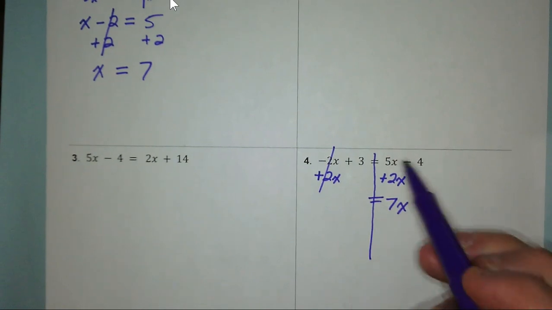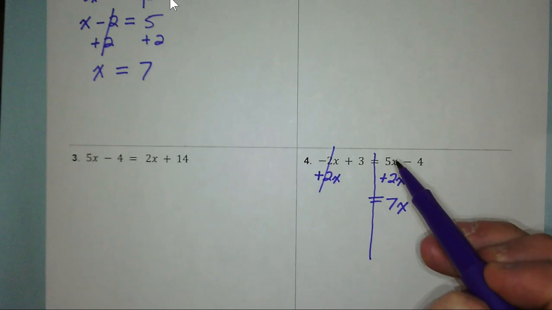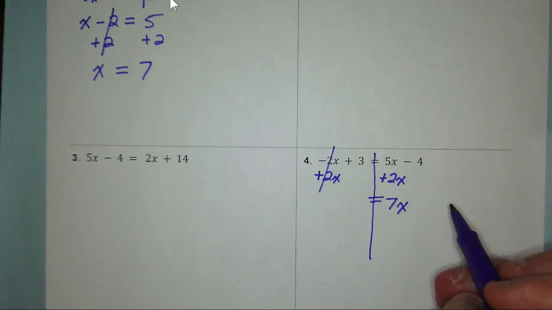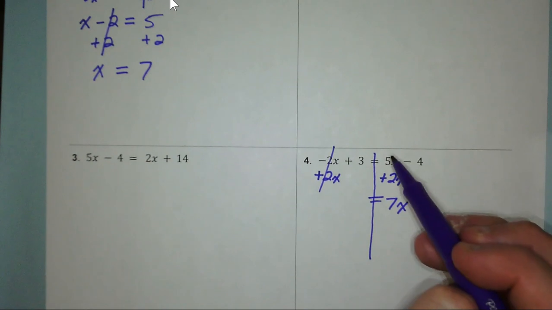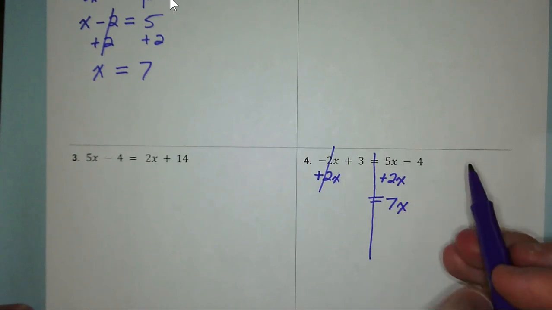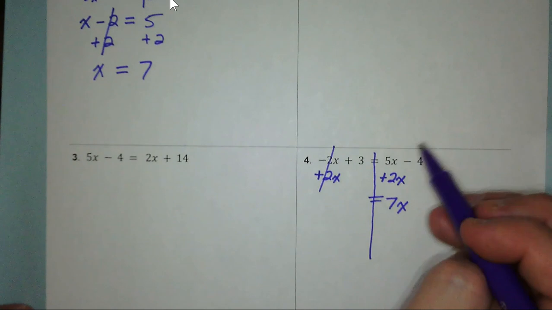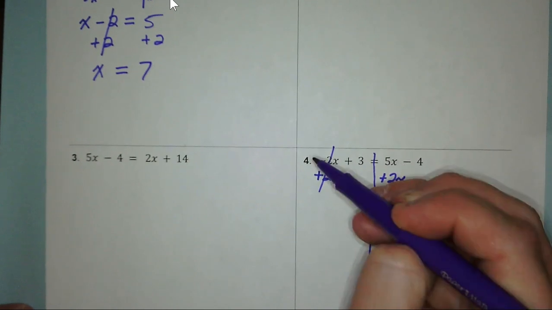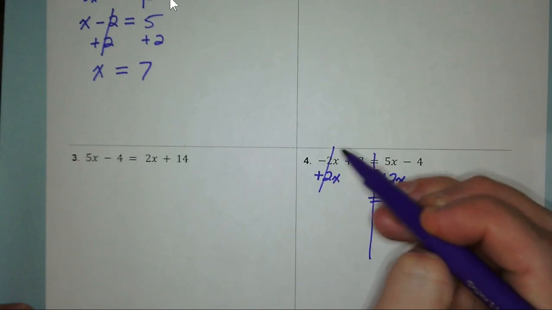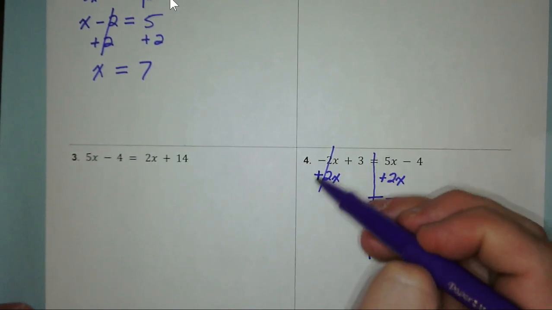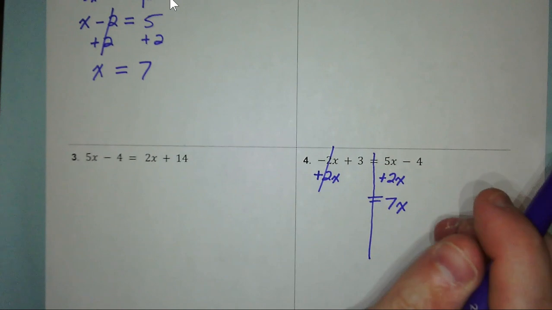If I would have said, I want to get my x's on the left side all the time, that's what I find important, I want to always get my x's on the left. Well, if you're that type of person, you would have been subtracting 5x from both sides, and you would have ended up with a negative 7x over here. That doesn't mean you're wrong.